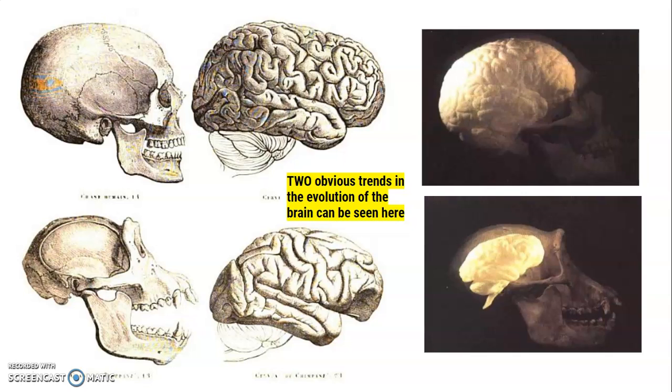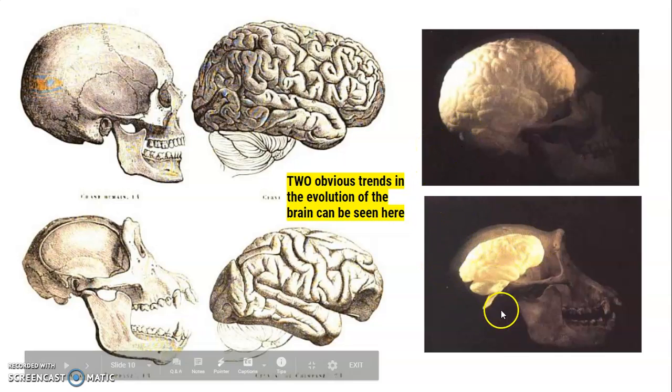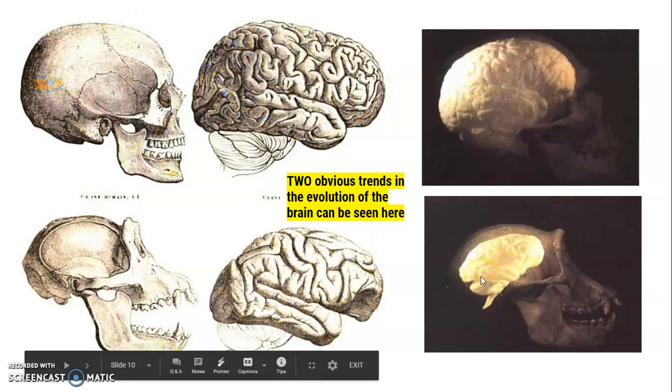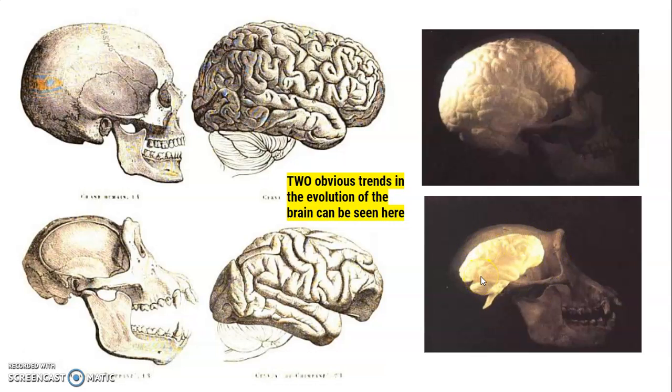So hopefully you recognized number one, the biggest obvious change over time is the increase in the volume of the brain itself. Here, the chimpanzee, 400 cubic centimeters is the volume of their brain on average. Ours is 1400, so that's over 3 times as large as a chimpanzee and our earliest ancestors.